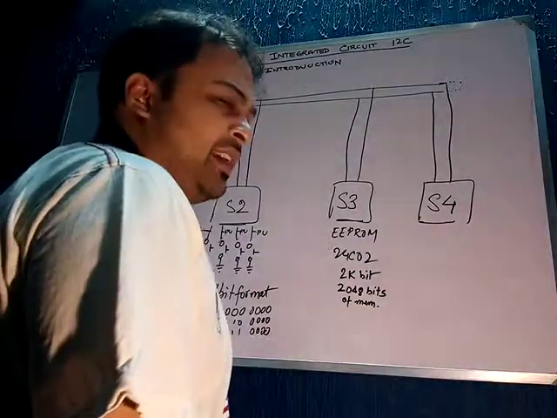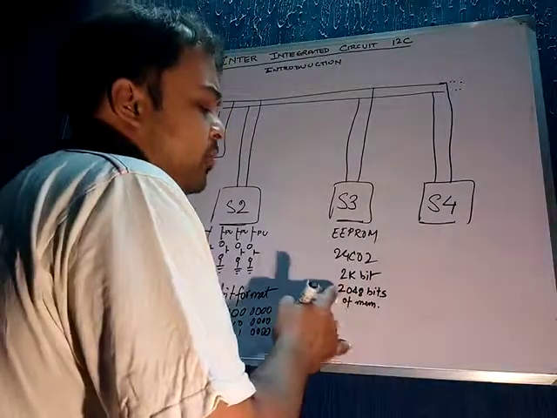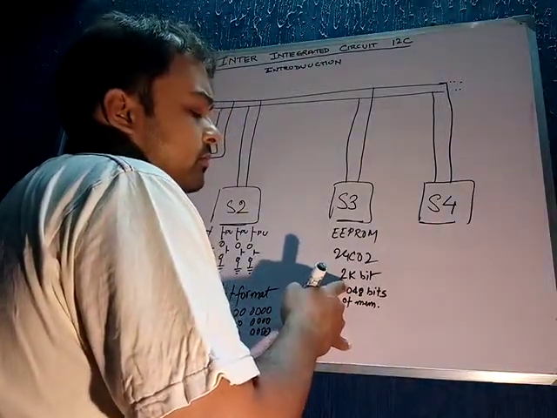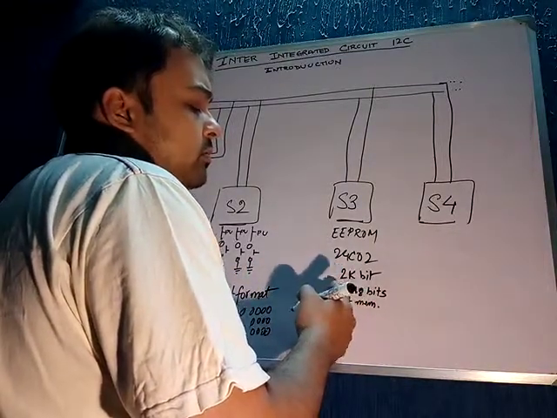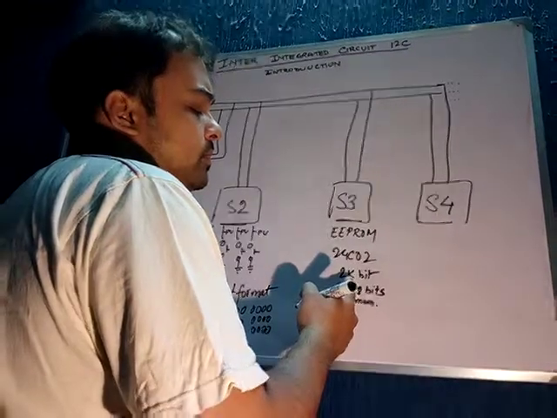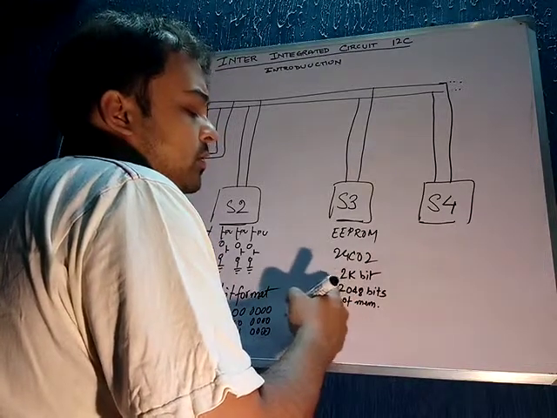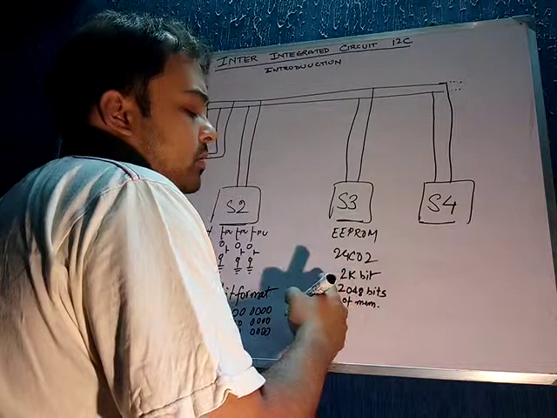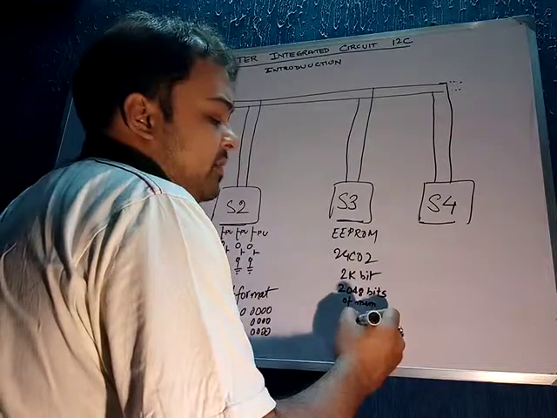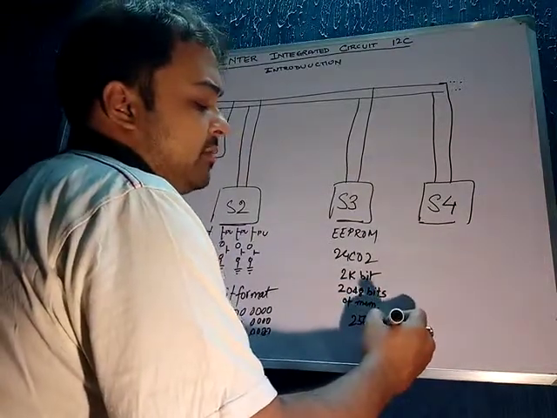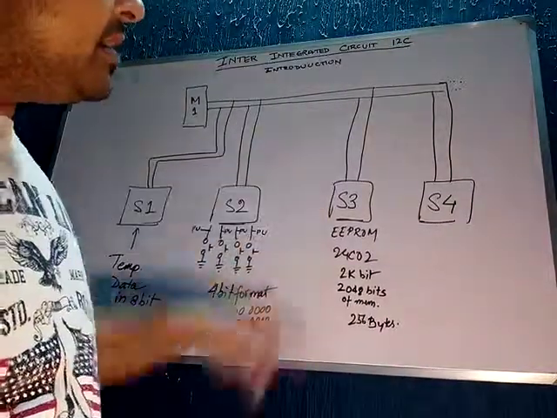I think it will give you 256. 2048 divided by 8 will give you 256 bytes of memory. So basically you can only save 256 bytes of memory over here.